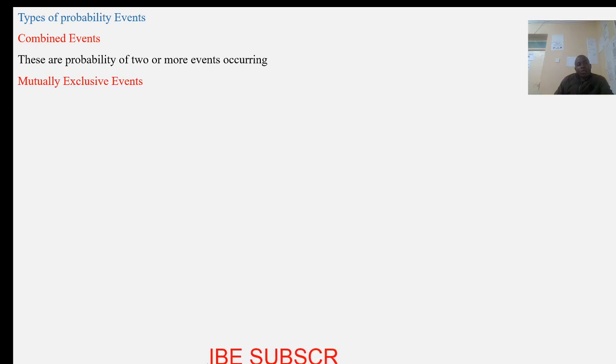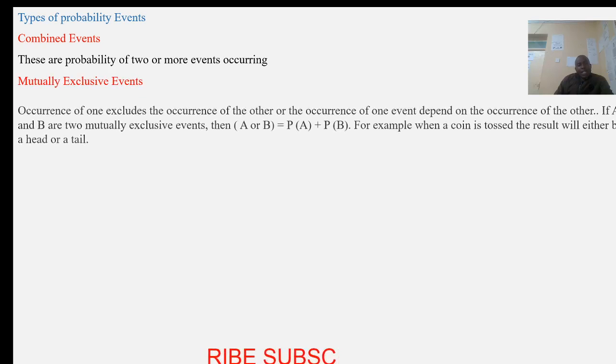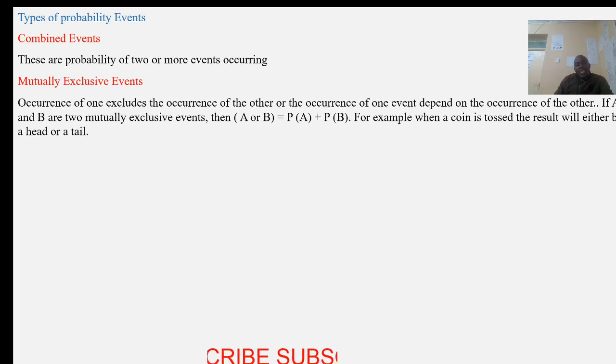We also have what we call mutually exclusive events. The occurrence of one excludes the occurrence of the other. For instance, if I travel by foot, that means I exclude the possibility of traveling by car.